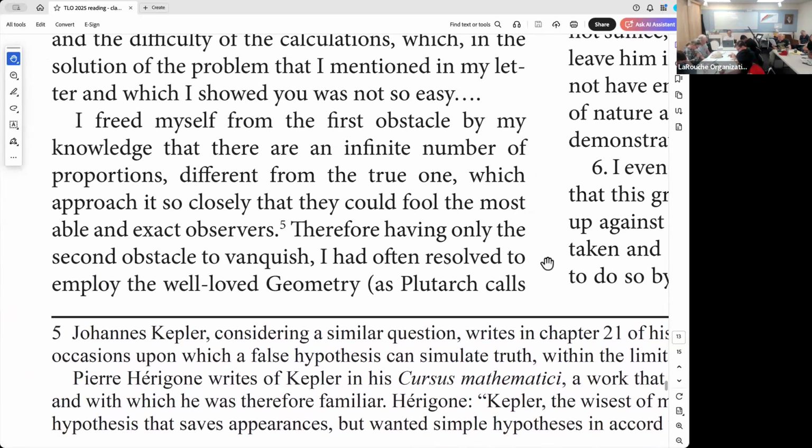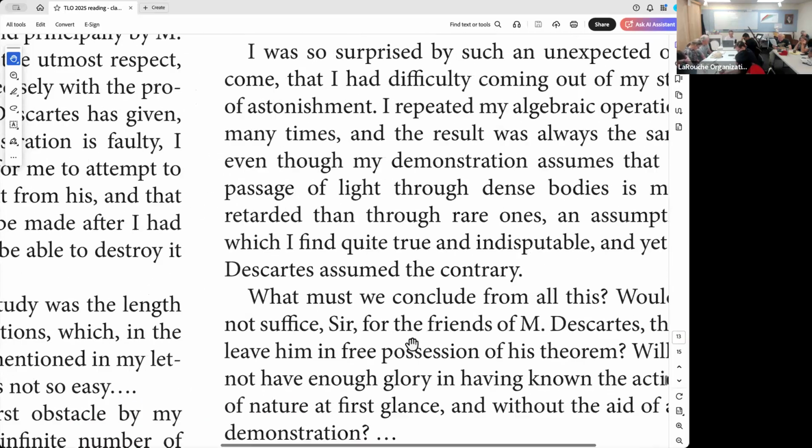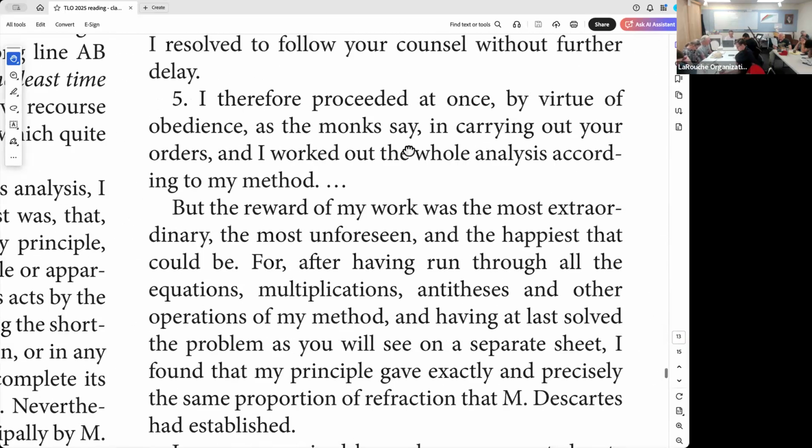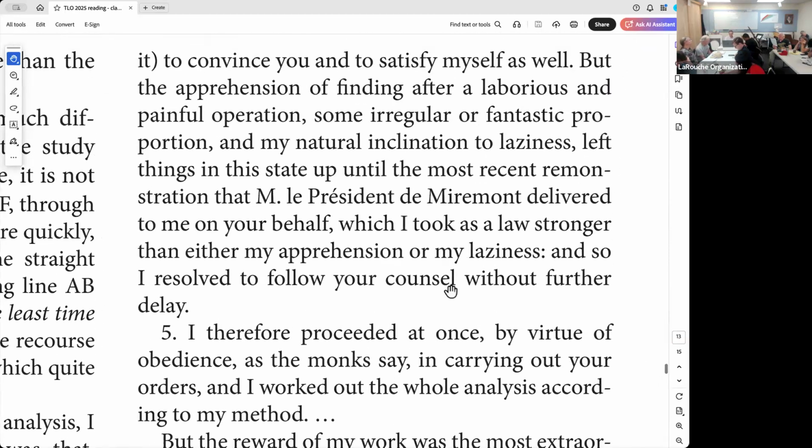Okay, please continue. Therefore, having only the second obstacle to vanquish, the length and difficulty of the calculations, I had often resolved to employ the well-loved geometry, as Plutarch calls it, to convince you and to satisfy myself as well.